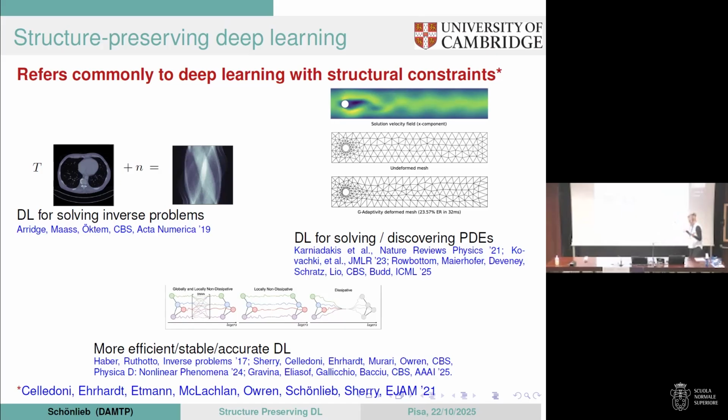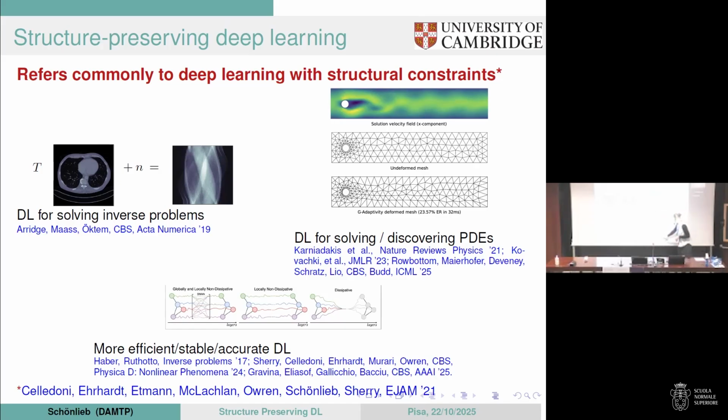Again, in order to make this work, in order to have guarantees about the qualities of the solutions that you compute, you need to impose certain structures in your neural network solutions. And then the last box is more generically about the fact when you want to impose certain properties on neural networks because you want to have guarantees about their efficiency, their stability, or accuracy, for instance.